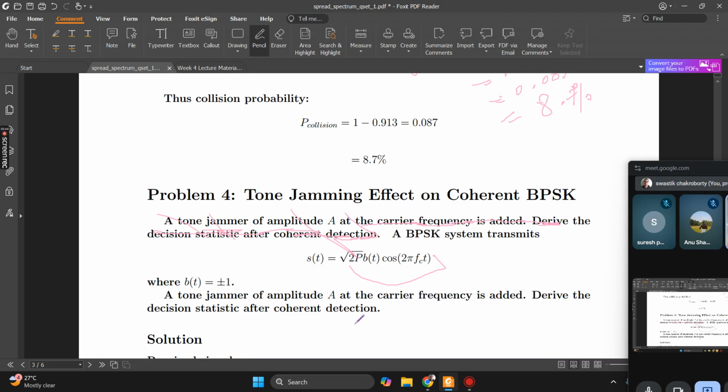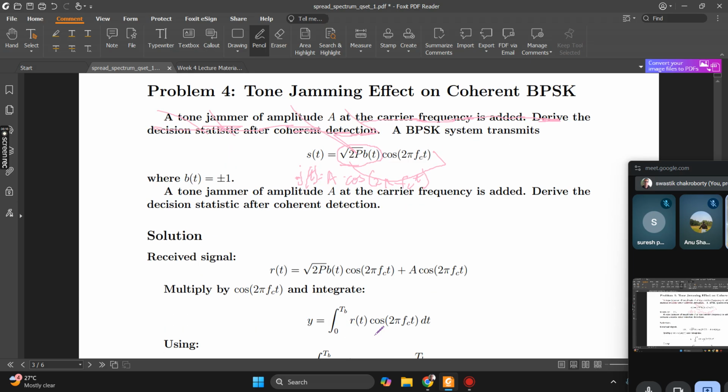So there will be a jamming signal or interference signal which will get added to the main signal, and it will have an amplitude A. This one has an amplitude of root 2P BT, and the jamming signal JT will have an amplitude A, and it will have the same frequency as the carrier frequency. So the jammer has perfectly detected the carrier frequency and it is adding at that carrier frequency.